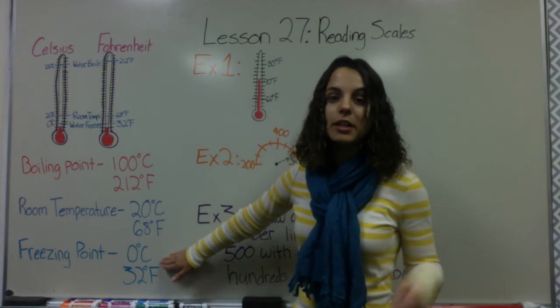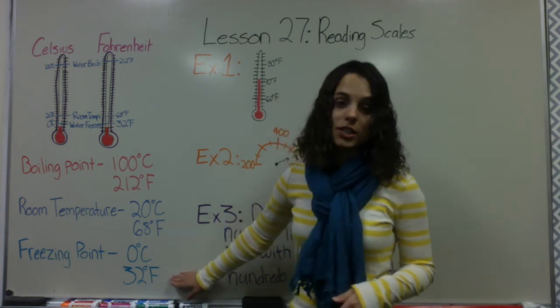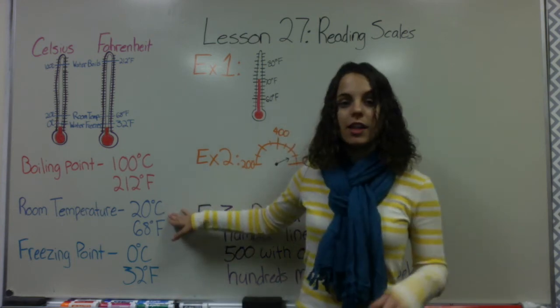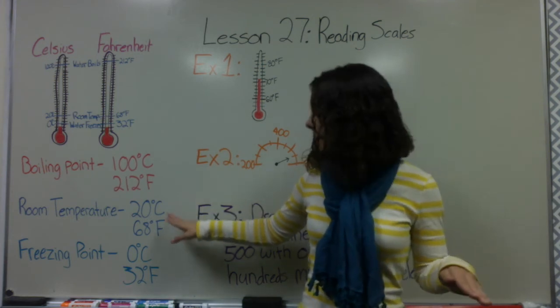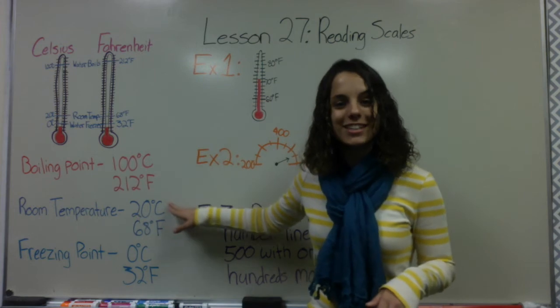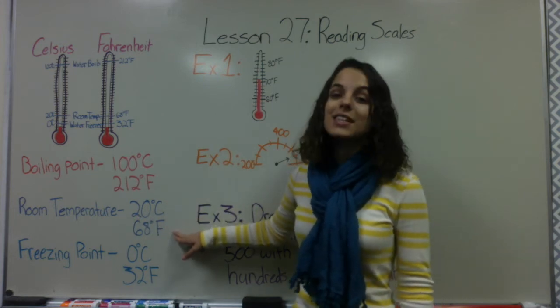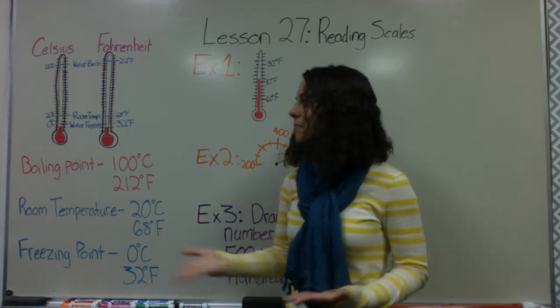So whenever we get below freezing in the winter, then that means it's below 32 degrees Fahrenheit. So room temperature, meaning basically your middle range room temperature, is labeled as 20 degrees Celsius and 68 degrees Fahrenheit. So 68 degrees Fahrenheit is a room temperature rating.